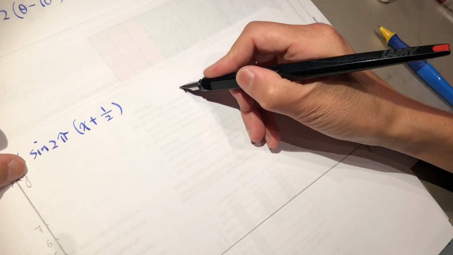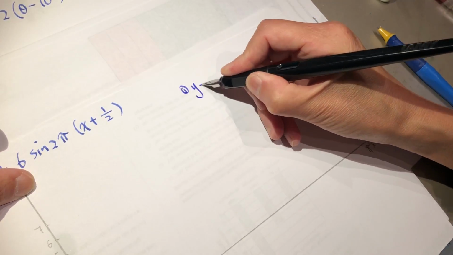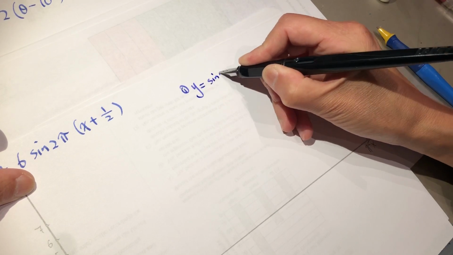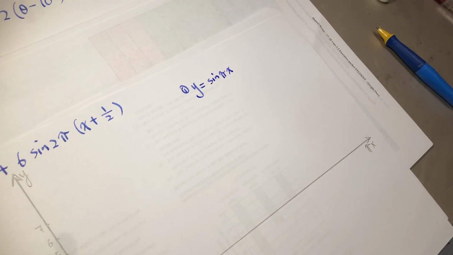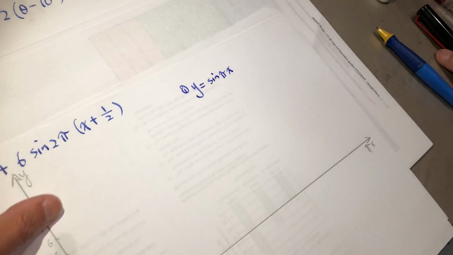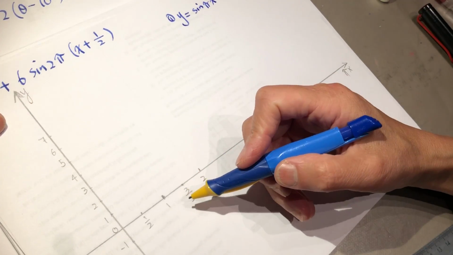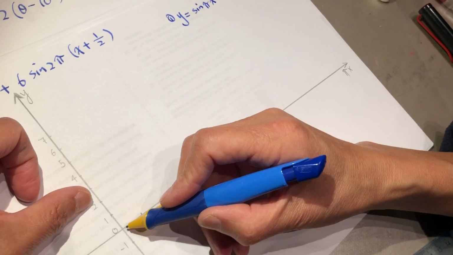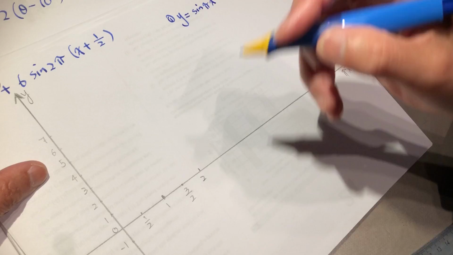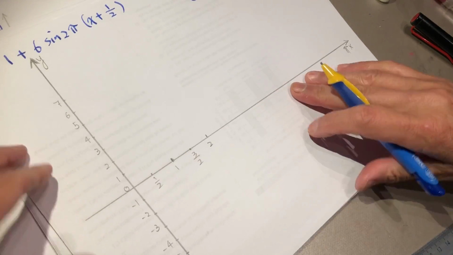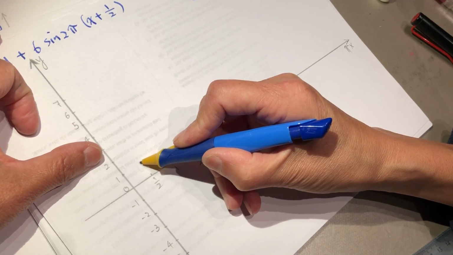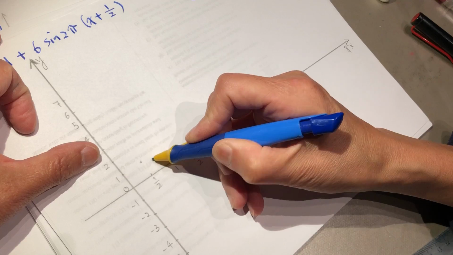And the very first graph, we will start with y equal to sine pi x. Instead of x, we will do sine pi x. So we know when this is the basic form, when x is a half pi, it goes to the highest point.